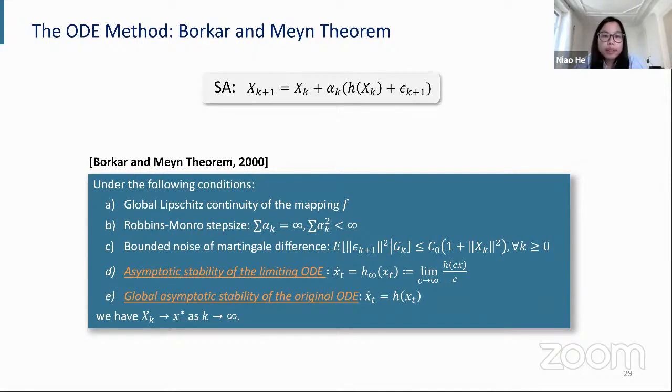So to be more specific, there is this Borkar and Meyn theorem that says the following. Suppose you're under some regularity conditions.